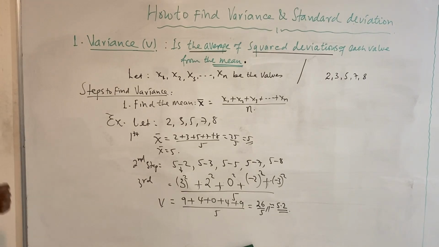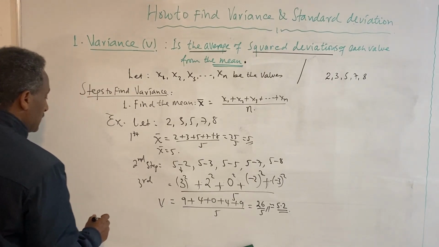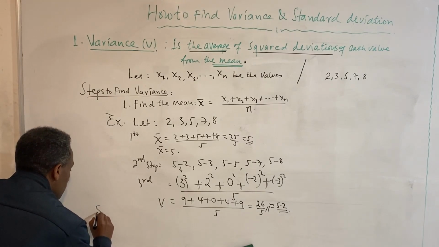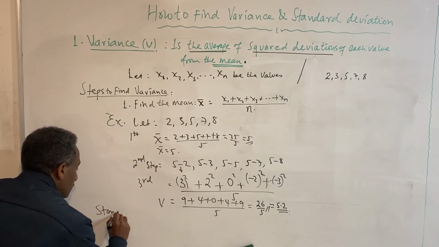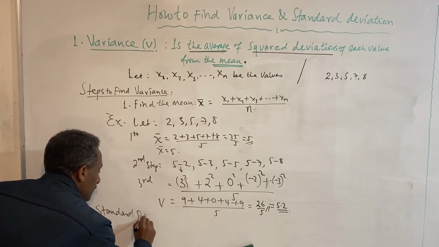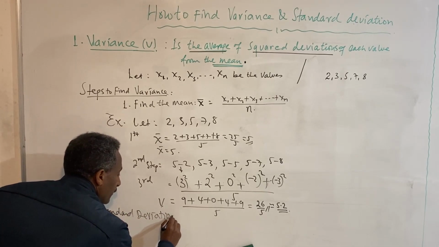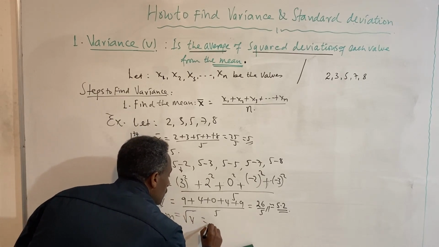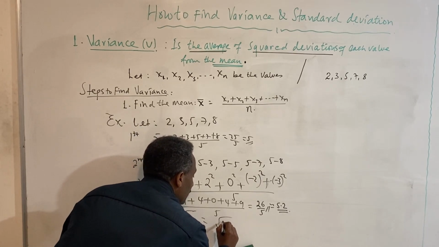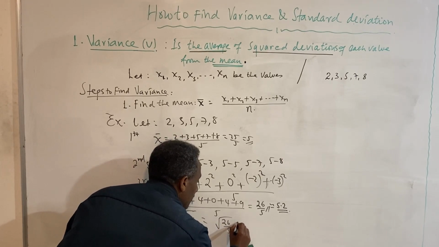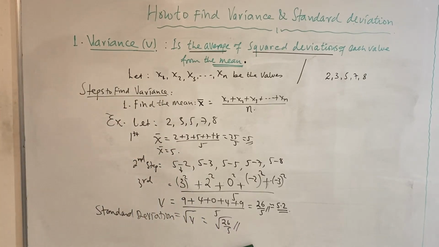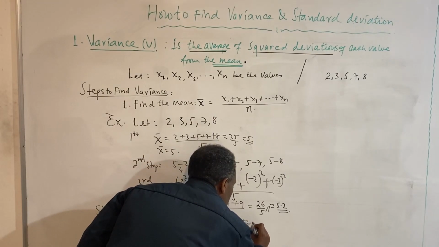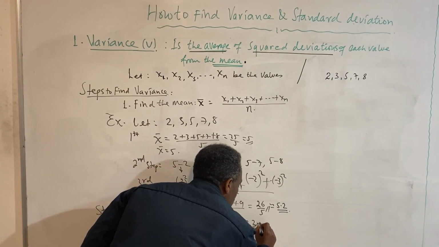Okay? So, if it is the variance, what will be the standard deviation? Standard deviation is equal to the square root of variance, which is equal to the square root of 26 over 5, which is nearly how much? 2.2 something.